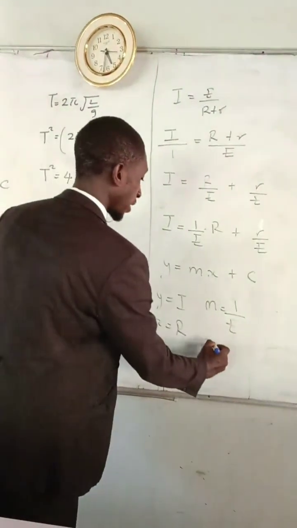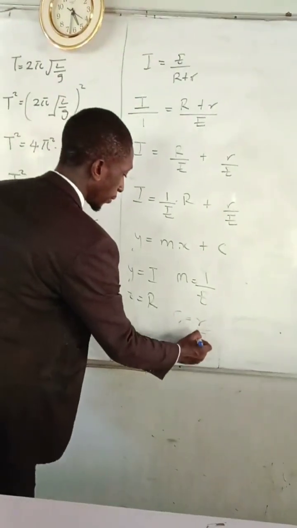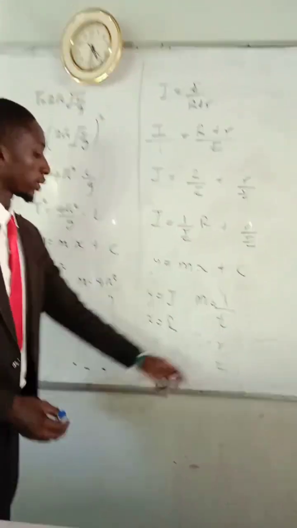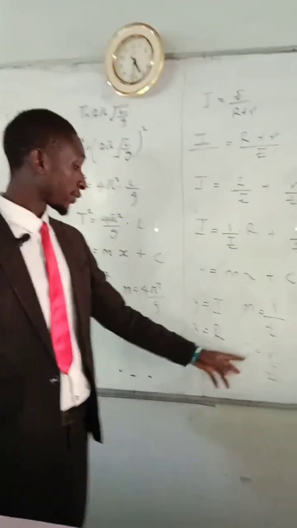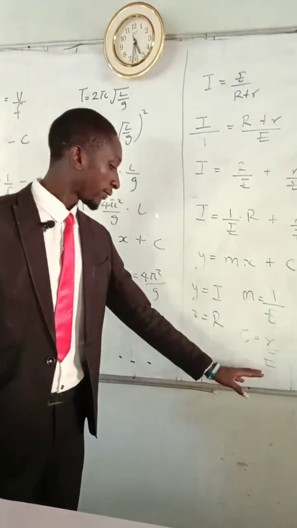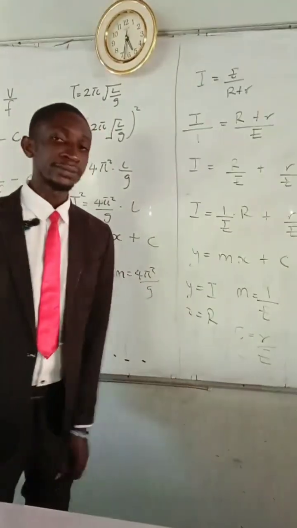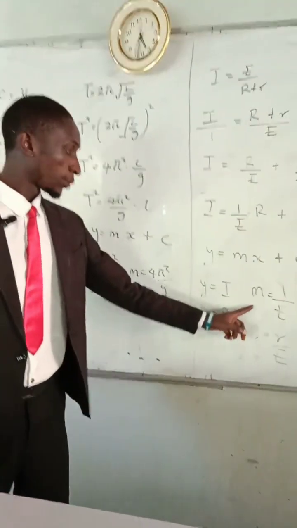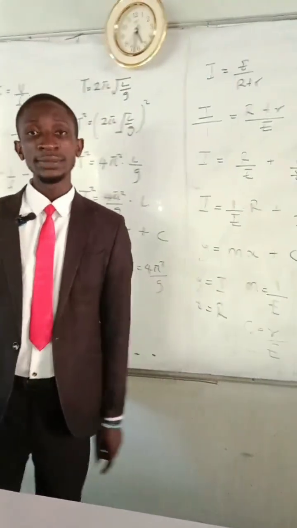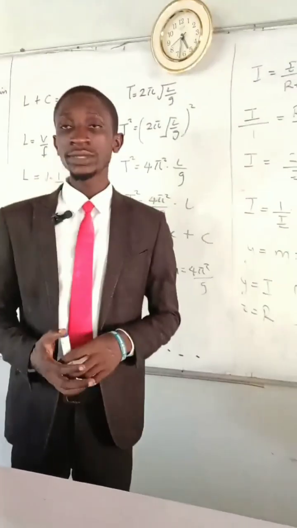And then finally, the graph is going to have an intercept, which is internal resistance all upon potential. So with this, when you plot a graph, from the intercept you can find the value of the internal resistance, and from the slope, you can find the value of the potential of the cell. So this is that for transformation.